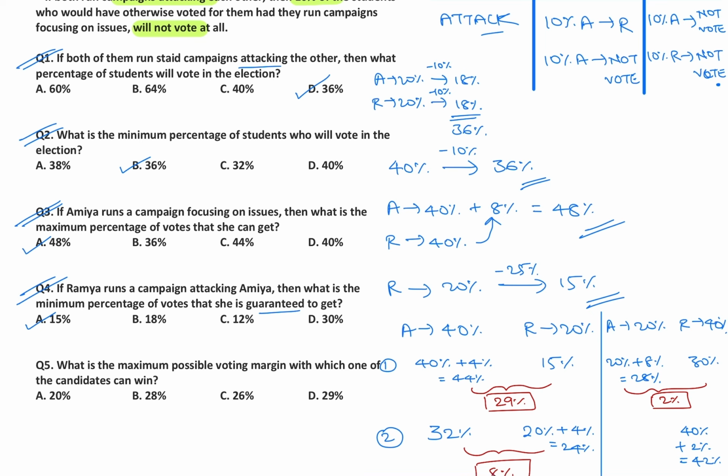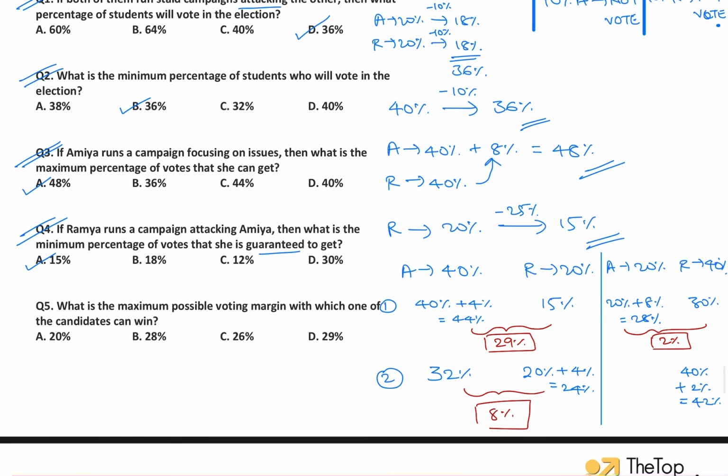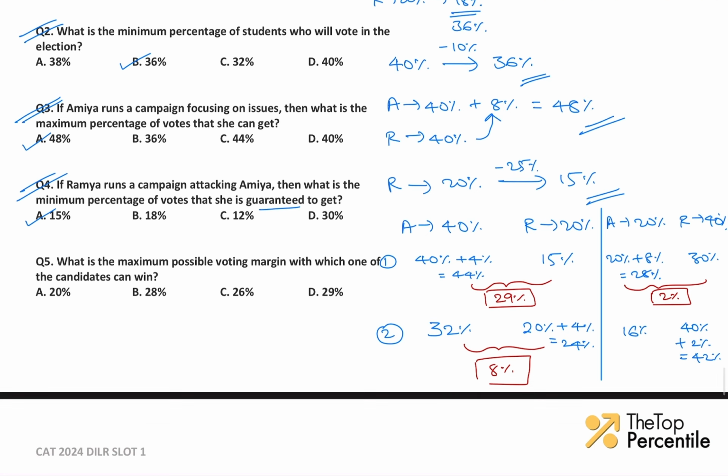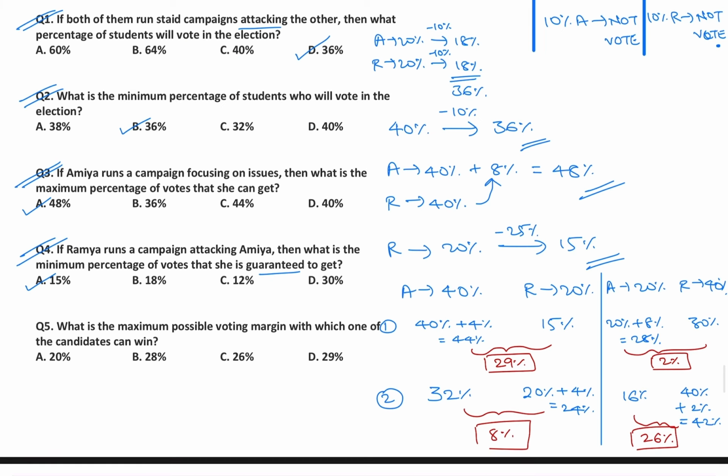So A is losing 20% in total, which will give me 16% as left. So the margin that I'm looking at here is 42 minus 16, which will be 26%. So what is the maximum possible voting margin? It is 29%. So my answer will be D, 29%.